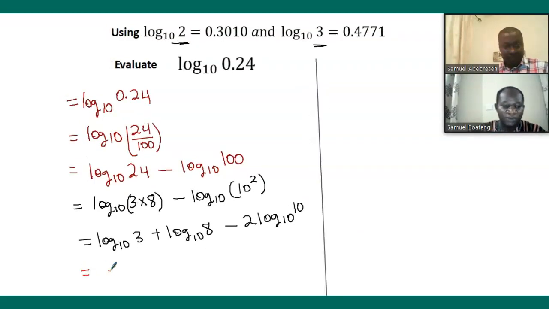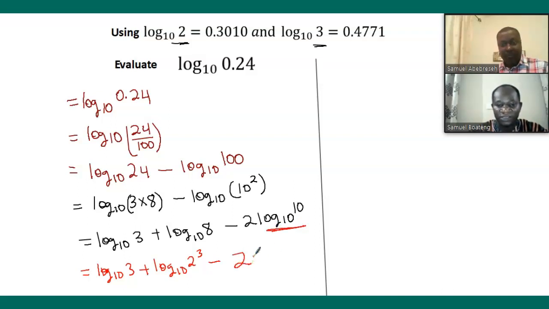So it's equal to log 3 to the base 10 plus, for log 8, we can write it as log to the base 10, 2 raised to the power 3, minus. Log 10 to the base 10 will give you 1, so 2 times 1. Good. So we will not touch this because we know its value.